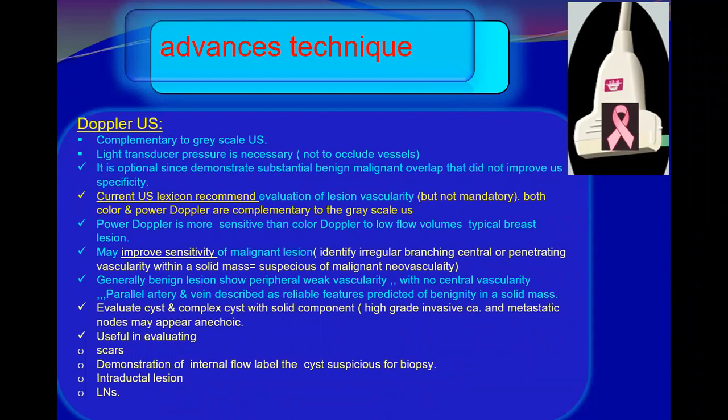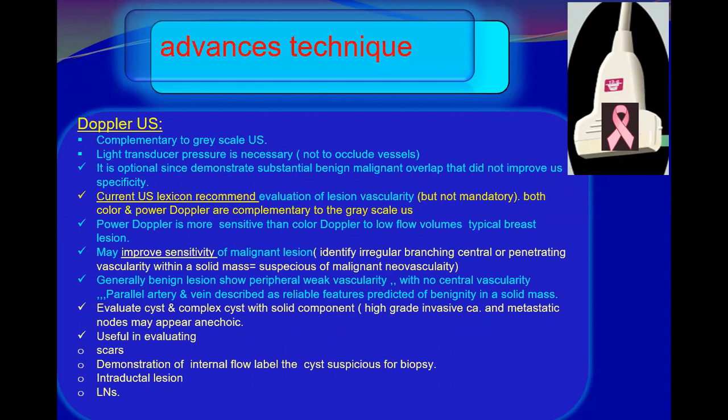Usually with malignant, the vessels are irregular, branching, giving an aliasing artifact, penetrating the lesions, going inside the lesions, and all these features are more in favor of malignancy.